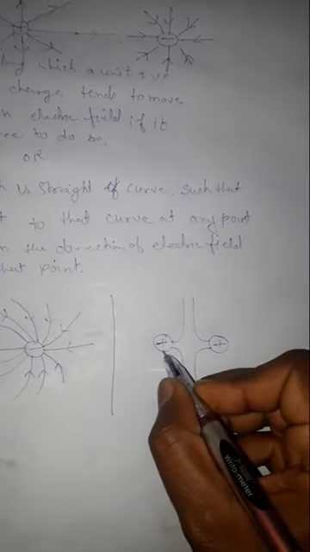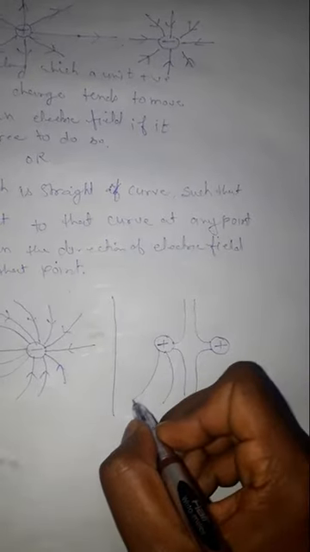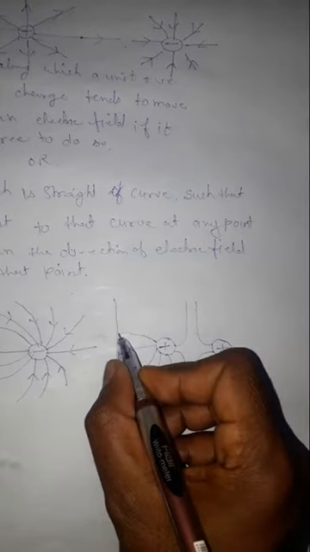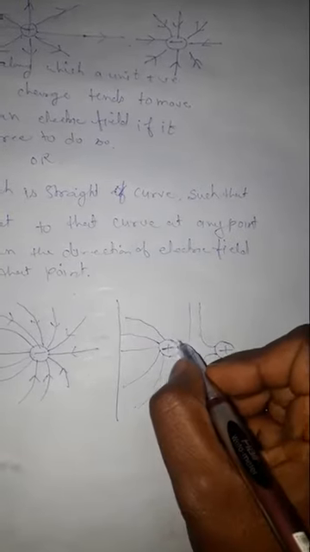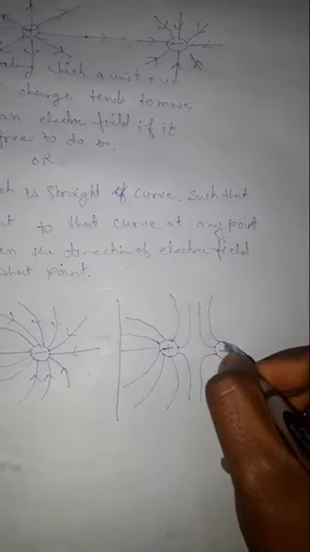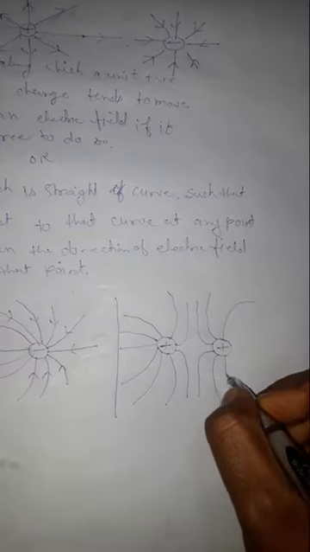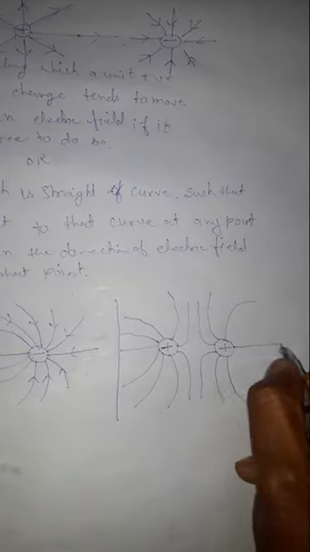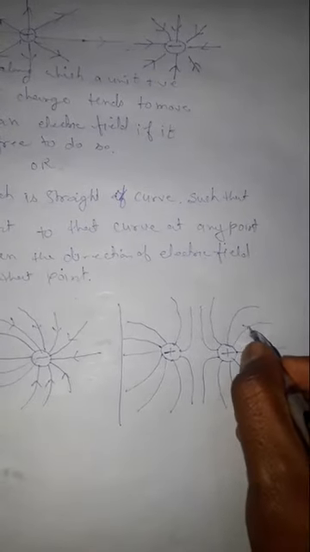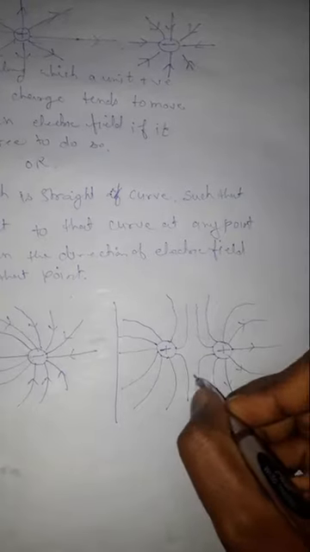They can never meet each other; they repel from each other in a certain way, like this. As the electric field is normally outward, we draw these arrows.